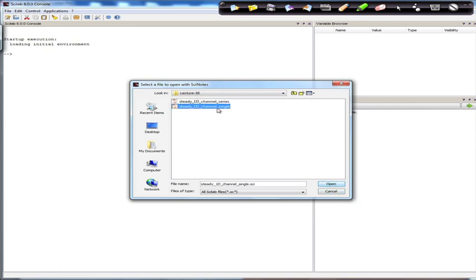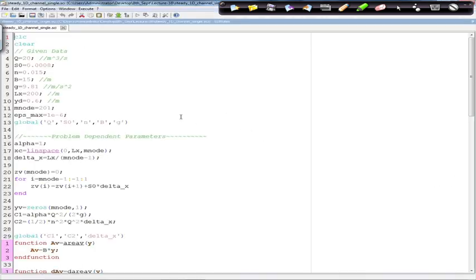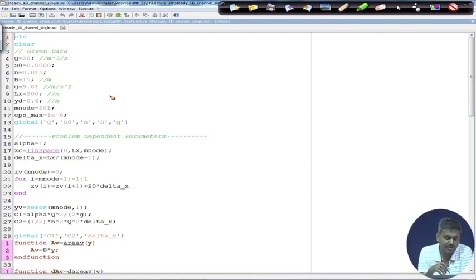So, first is 1D channel, this is a single channel. Now, this information like Q equals 20, S naught equals 0.0001, these are given information. I have considered m node equals 201 like our previous problem that we have discussed in the previous lecture class.